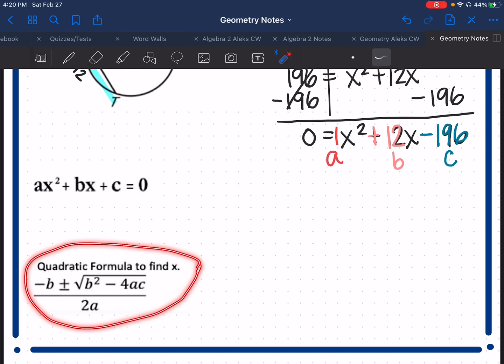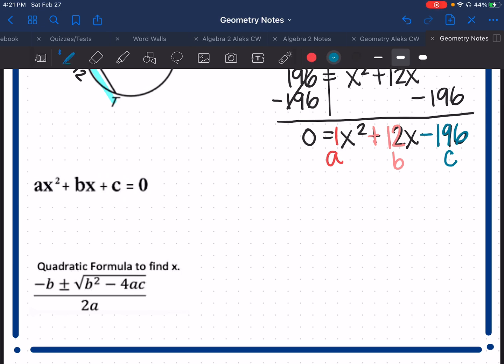I would suggest you just go straight to the quadratic formula and don't even try to factor, okay? 196 is a big number. It has a lot of factors, and none of them may equal 12. So let's just go right into the quadratic formula.